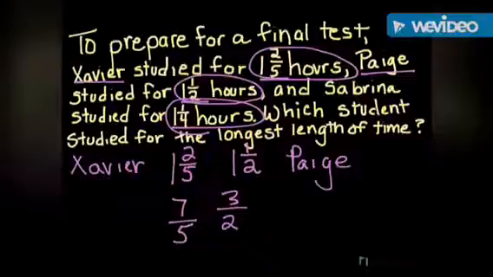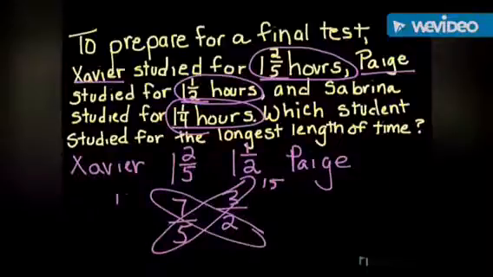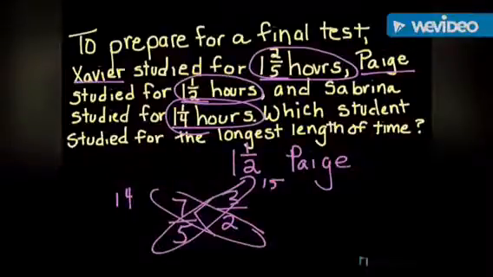Now to decide which one's bigger, 5 times 3 is 15. 2 times 7 is 14. So 3 halves is the greater fraction. So I know Paige studied longer than Xavier. So far Paige is winning. So Xavier is going bye-bye.